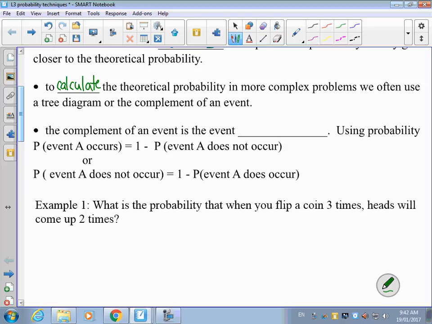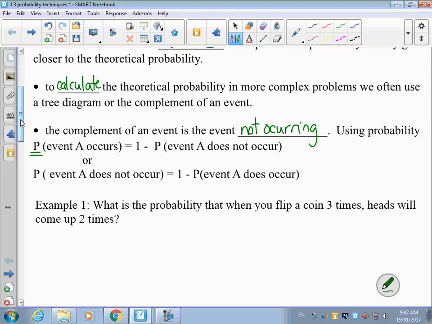Another thing that gets used as we get into more complex theoretical probability is something called a complement. The complement of an event is the chance that the event does not occur. Using probability, P stands for probability.